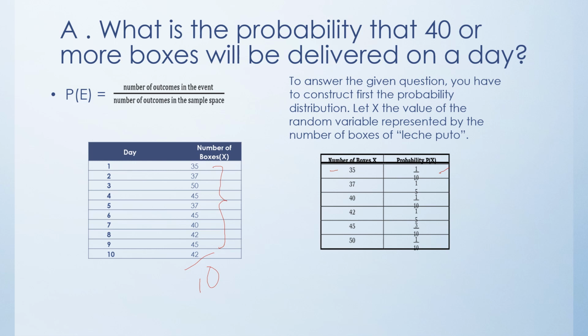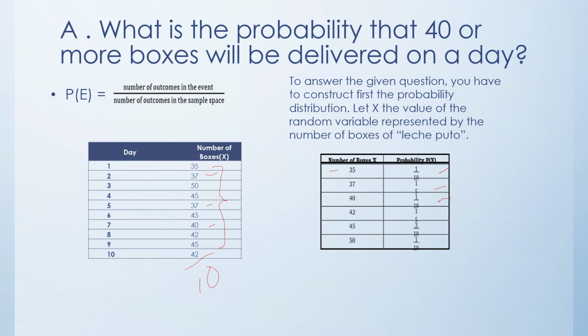Let's count how many 37 do we have here. We have 1, 2. So, 2 over 10 is equivalent to 1 over 5. 40. Let's count how many 40 do we have here. We only have 1. That's why the probability is 1 over 10.